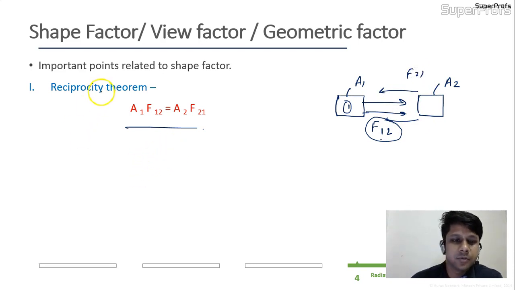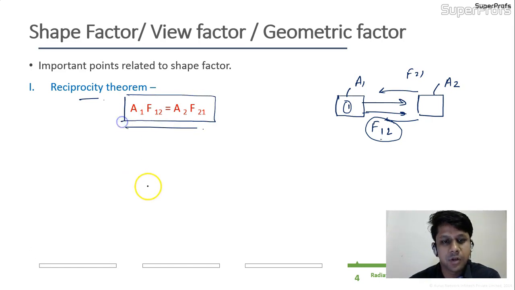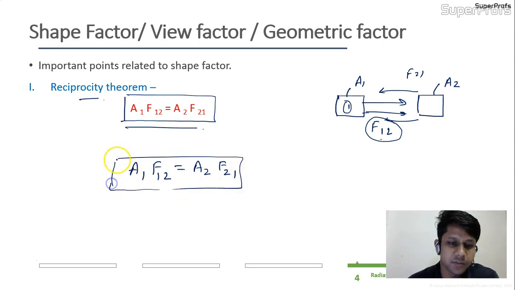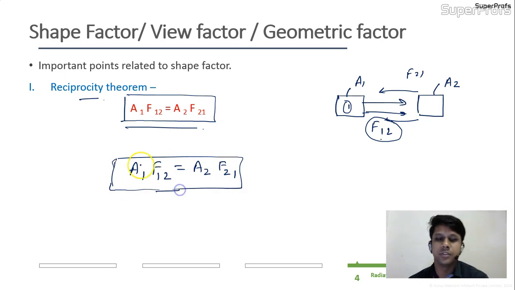Then there is a reciprocity theorem, and it states A1 F12 is equal to A2 F21. This is the reciprocity theorem. When we solve the numericals, we will use this theorem, so you have to remember this: A1 F12 equals A2 F21.